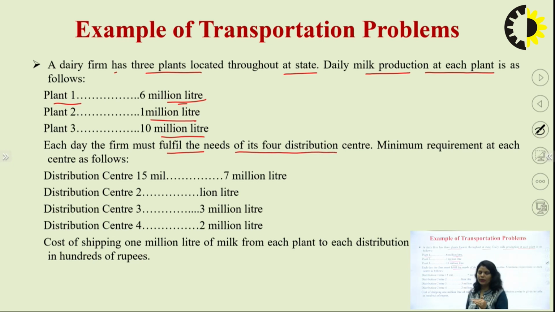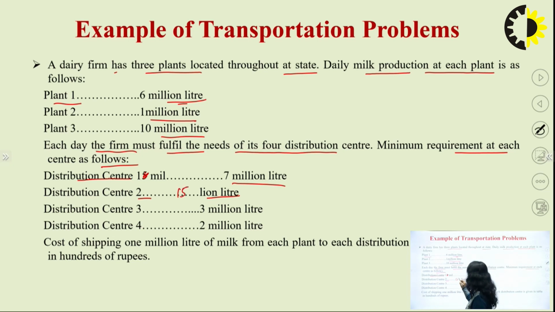So, there are 3 plants and 4 distribution centers, and this dairy farm has to fulfill the needs of the distribution centers. The minimum requirement at each center is also given to us. At distribution center 1, the requirement is 7 million liter.